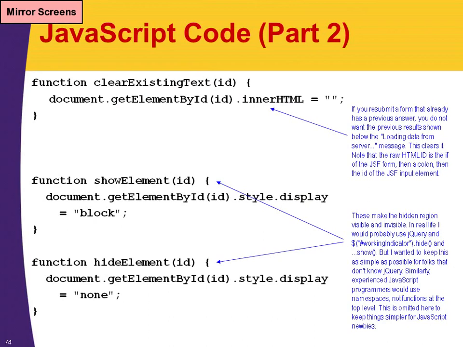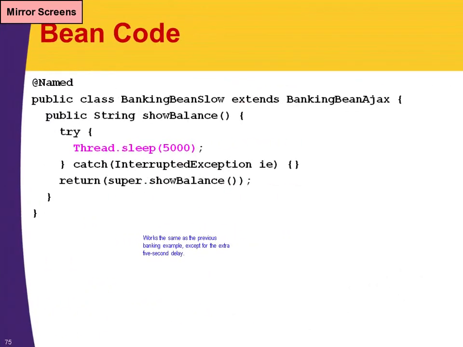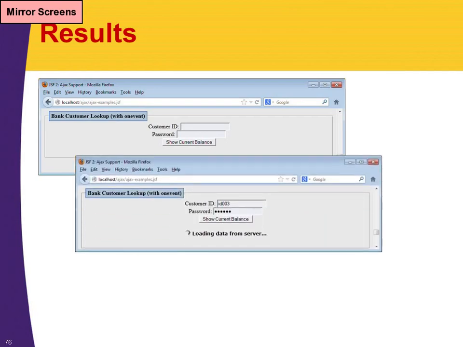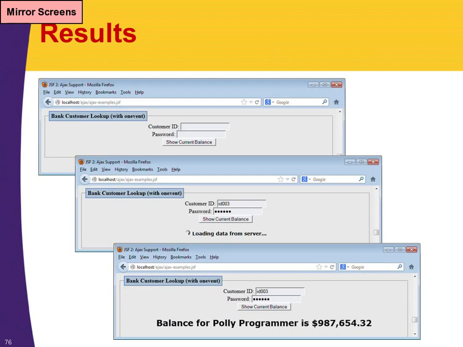The JavaScript that actually makes that happen then. Here we've artificially slowed this down, so we put in a 5-second delay just to show this happening. If you look back to what the page looks like, they would type in a customer ID and a password. They would say show current balance. And then what you would see is something like this.